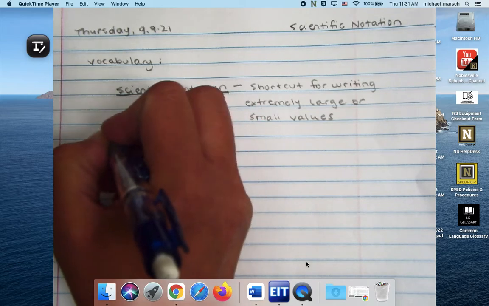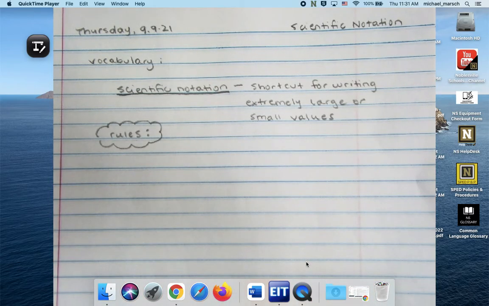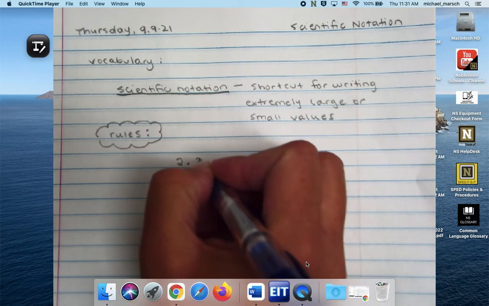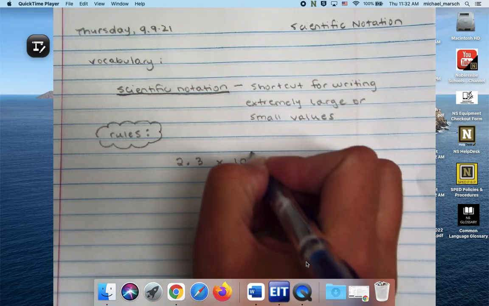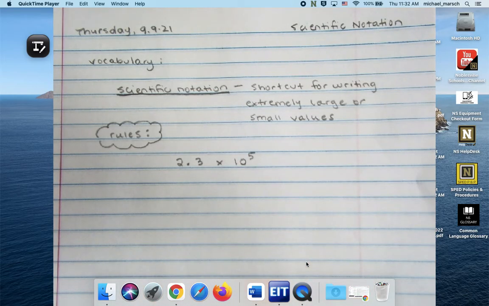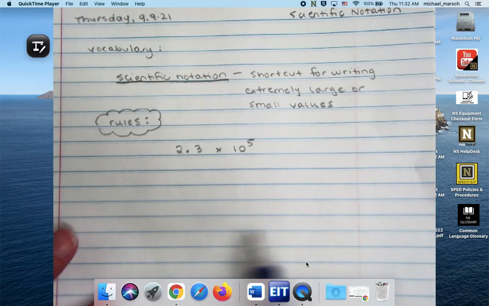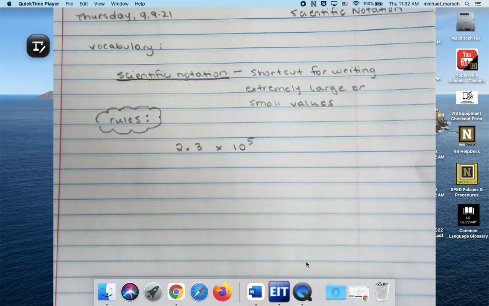There are a couple rules. So go ahead and write out this expression here, and then we'll talk about it. Is that 2.3? Yep, 2.3 times 10 to the 5th.